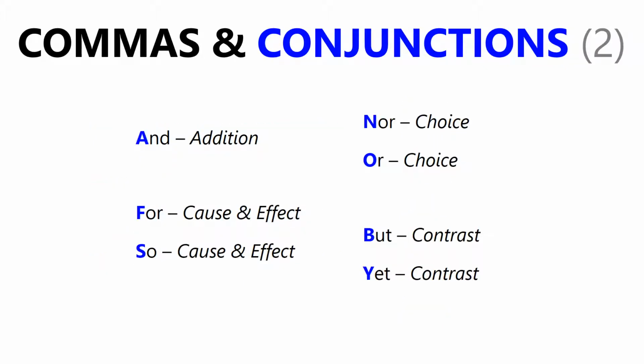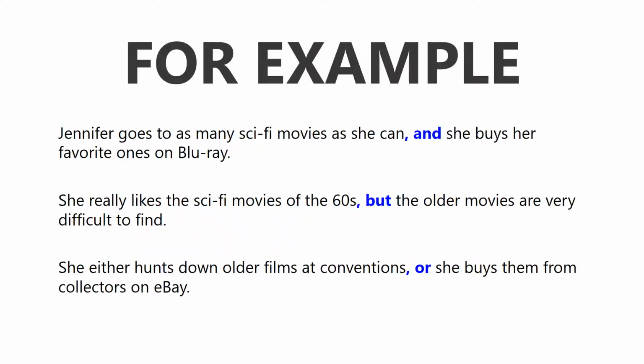Of course, these conjunctions show different relationships between the independent clauses they link. And shows addition, for and so show cause and effect, nor and or show choice, and but and yet show contrast. Here are some examples of commas and coordinating conjunctions linking together independent clauses.